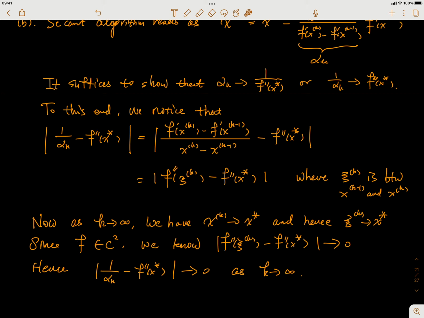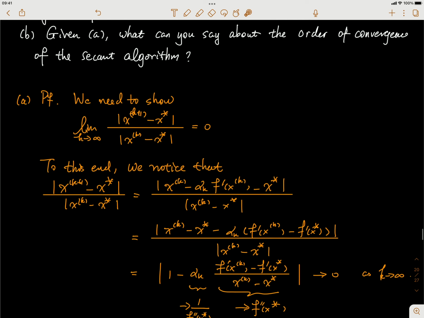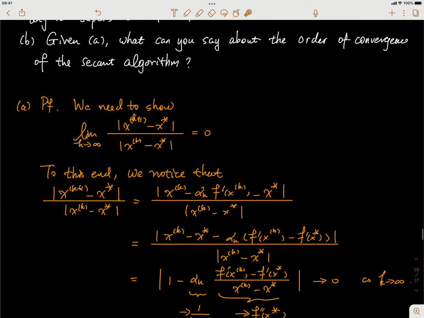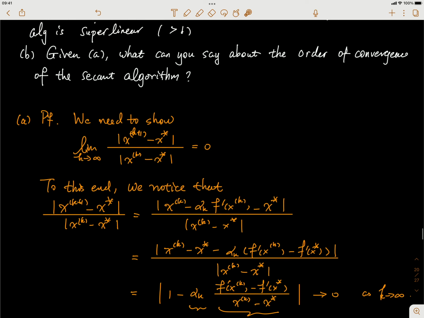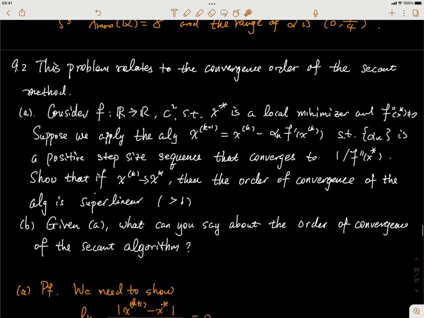With this going to 0, we have the condition from part A, and then we can claim that if you apply the second algorithm, and the sequence you generate, which is xk, converges to the local minimum x star, and also f double prime at x star is non-zero, then the second method will also have superlinear convergence order.